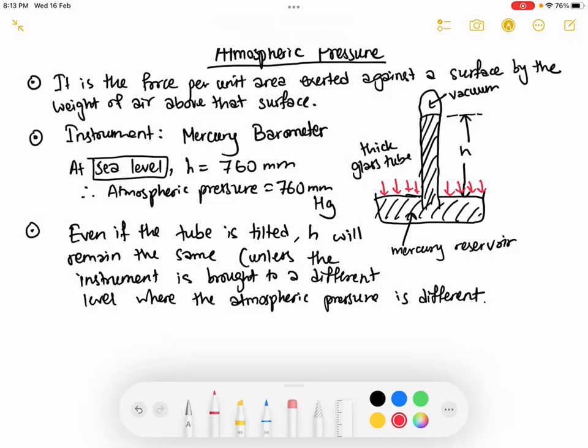So some of the mercury will go up, and depending on how much the pressure is, a lot of mercury will go up, or it could be lower here because the pressure is less. It really depends on the value of the atmospheric pressure. Okay.